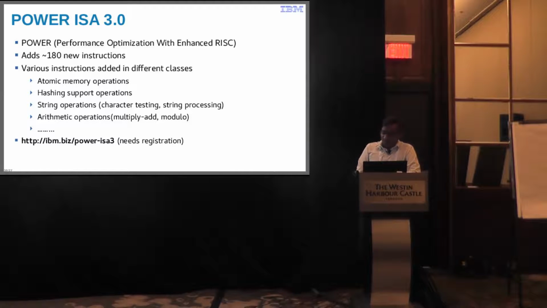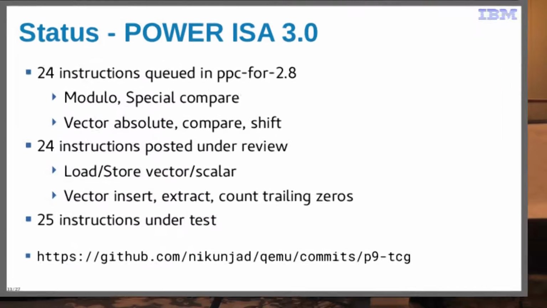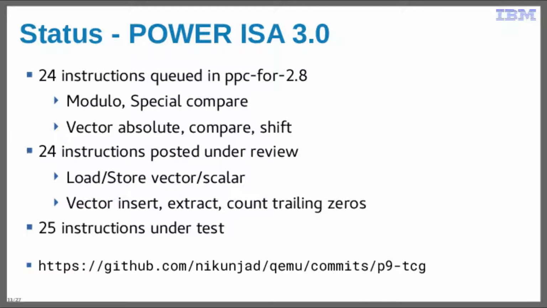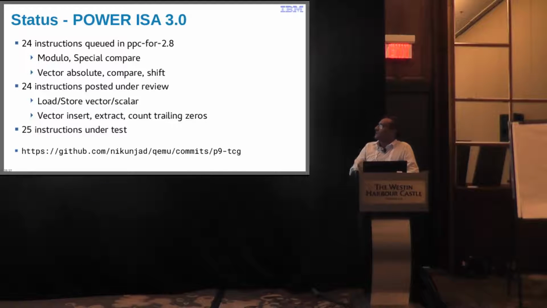We have been publishing patches for Power ISA, and we have around 24 queued up in the PPC tree for the next 2.8. We have started from the arithmetic and the vector instructions. There are many under review, basically load store instructions, like load store vector scalar.